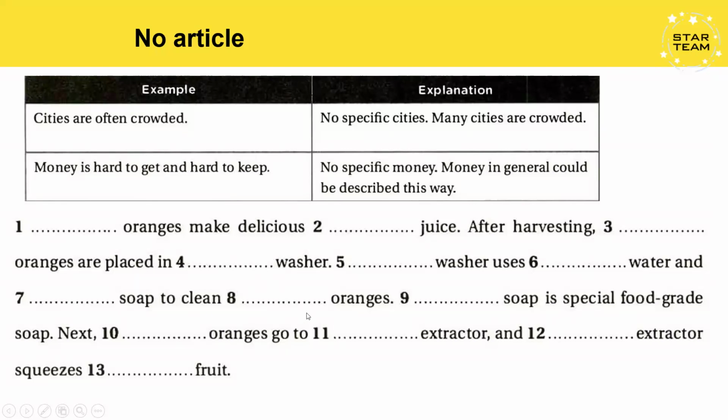Here there is no article, and here the soap is special, food grade soap. Next, the oranges go to an extractor or the extractor. Which one is correct? An extractor, yes. And the extractor squeezes fruit.